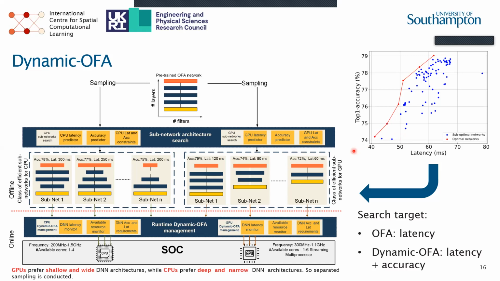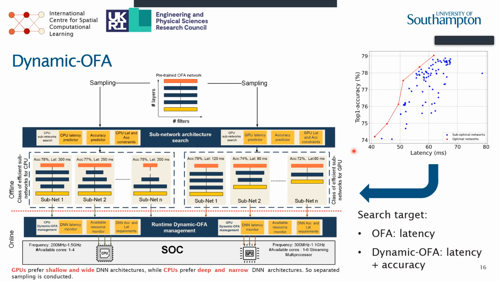So we are currently also working on this. There's another work which I didn't include in these slides, a follow-on work. OFA was published in ICLR 2020, and in ICLR 2021 there is a follow-on work called Compound OFA from Georgia Tech.